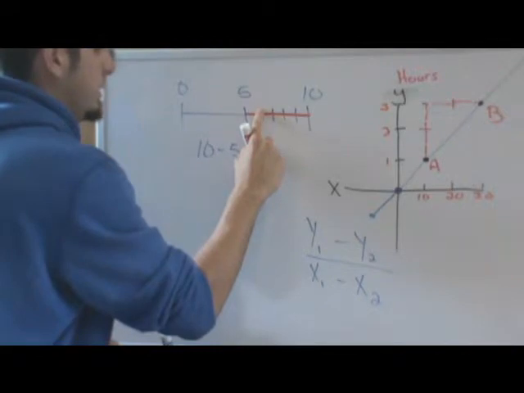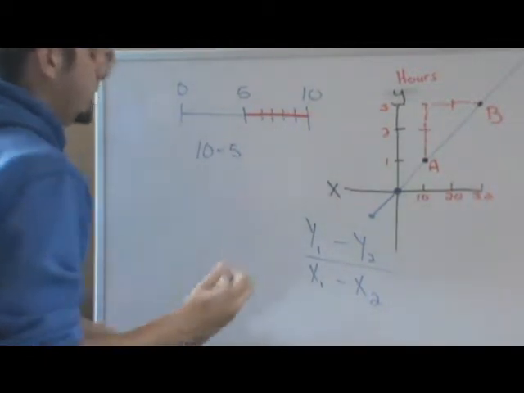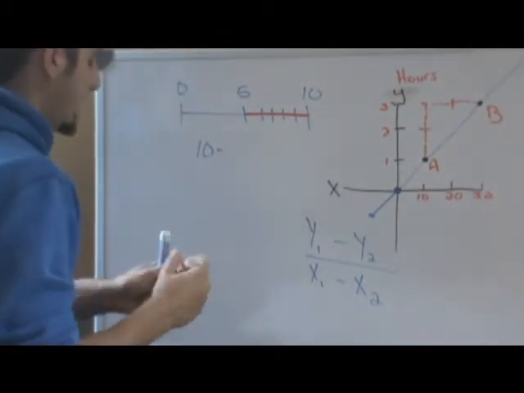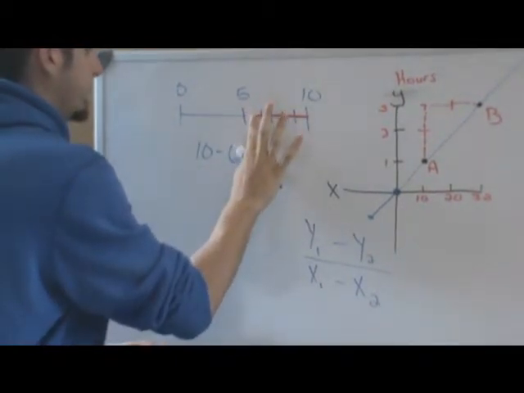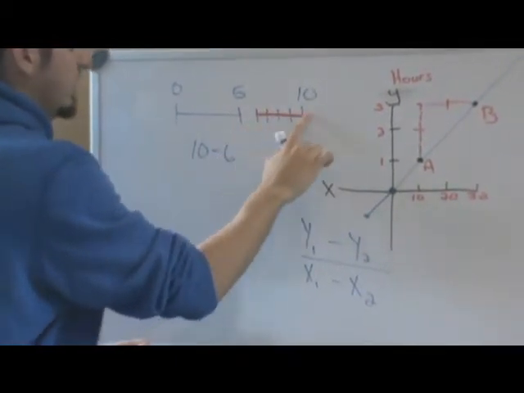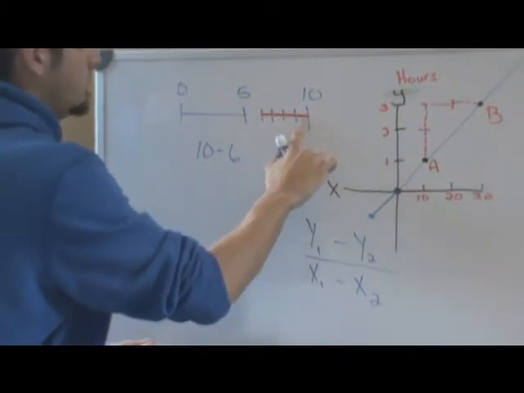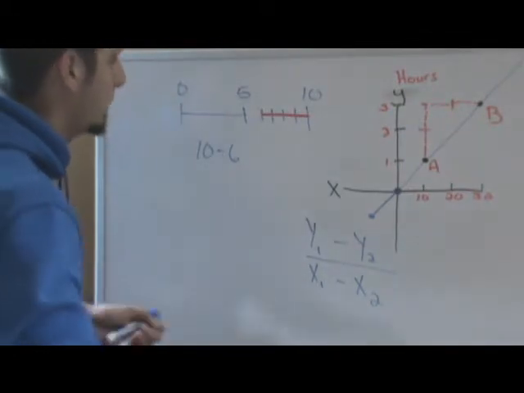And there's 1 space, 2 spaces, 3, 4, 5 spaces. If I were to do 10 minus 6, same thing would happen. Starting at the 6, here's the 10. What's in between them? There's 1, 2, 3, 4 spaces. So when you subtract, it tells you what's between two numbers.